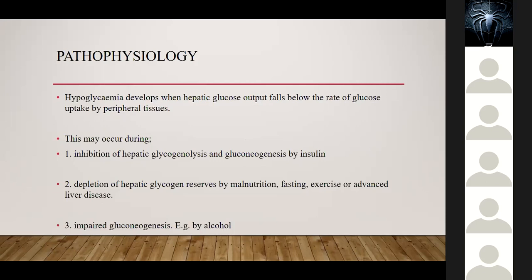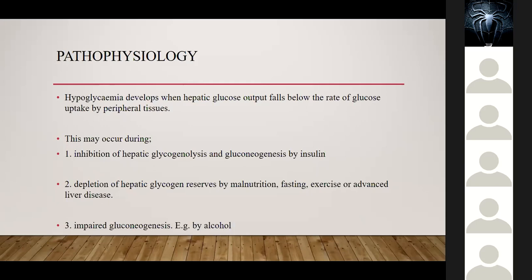Even in hypoglycemia, insulin also helps you. Insulin has a dual activity, so insulin helps in causing the liver to push some sugar into the bloodstream. Okay, so once you have a decreased hepatic glucose output, then your risk of developing hypoglycemia will go up. Okay, so how will this happen?